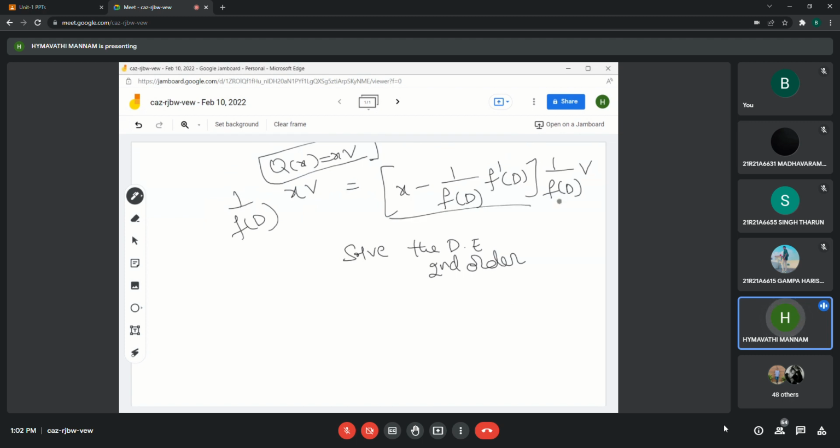Suppose they have given a third order differential equation, please don't use the variation of parameters method. If it is only the second order, you use the variation of parameters. The next class we will see the next method, the variation of parameters.